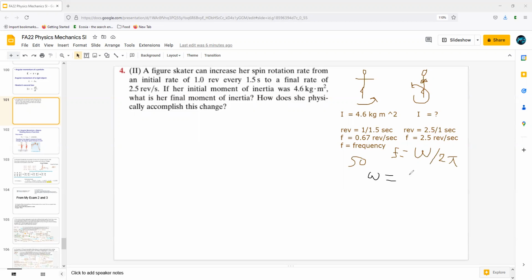Omega is equal to 2 pi times frequency. I'll write it like that just so you know that you're multiplying the two. Make sure that looks like a 2. There we go.